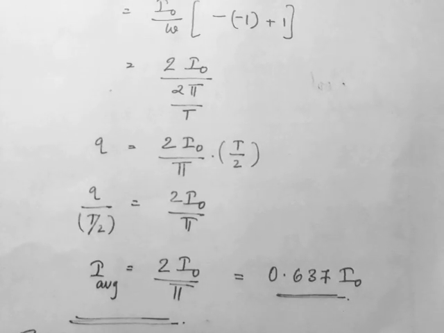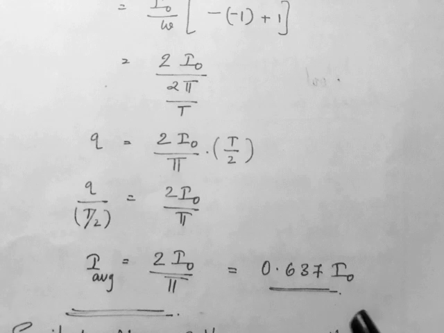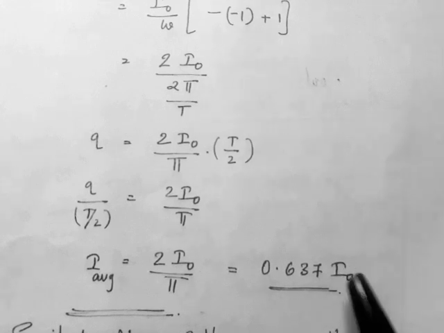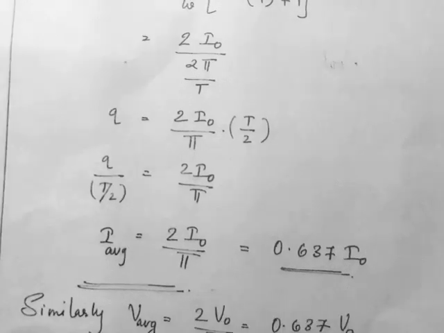Both are calculated as 0.637 I0. So its meaning is, whatever is the maximum current, the peak current, the average is 0.637 of it, little lesser. That is what we take as the average current. So this is the average value of current and voltage in AC for a half cycle. So we got it as 0.637 V0.